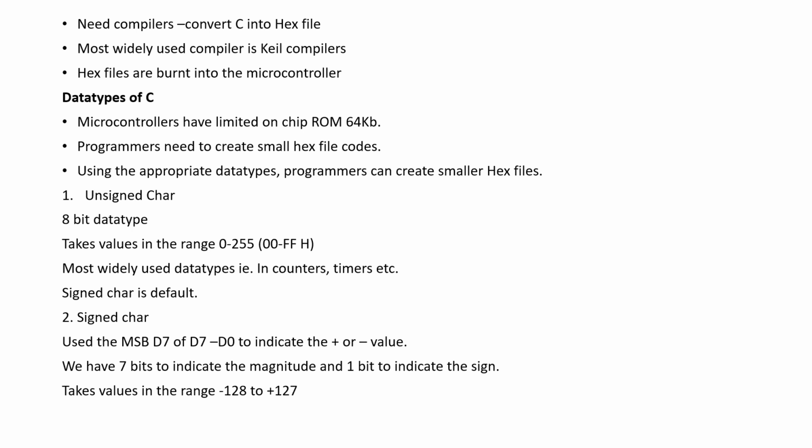So it can take values from minus 128 to plus 127. So if we want signed numbers, we need to use signed character. By default, a character data type is a signed one. And if we do not need a sign, we need to declare it as unsigned char in the program.